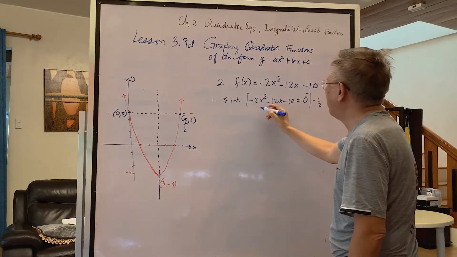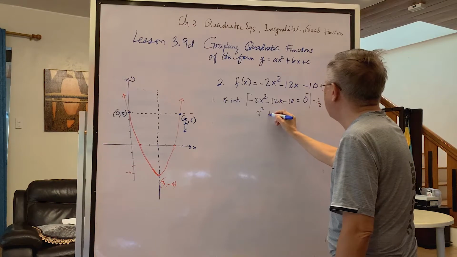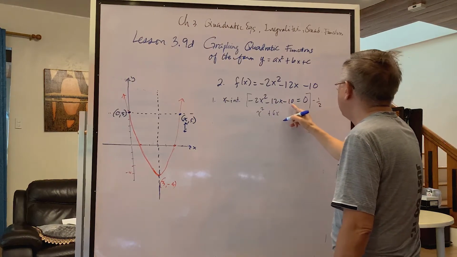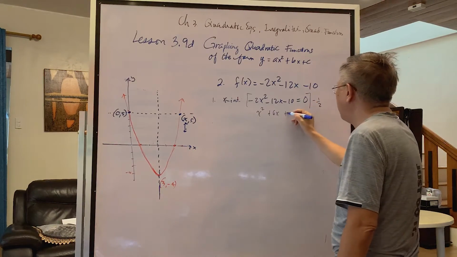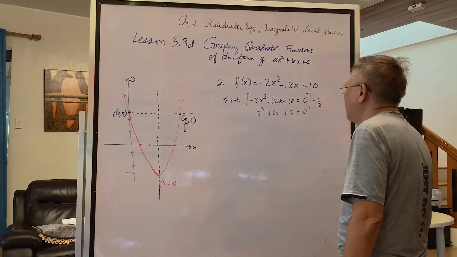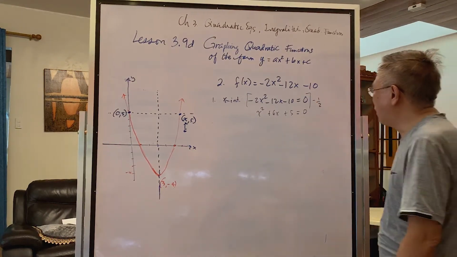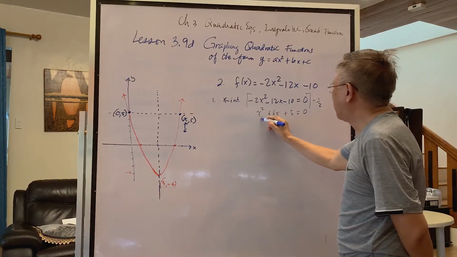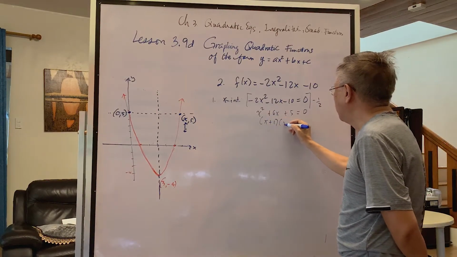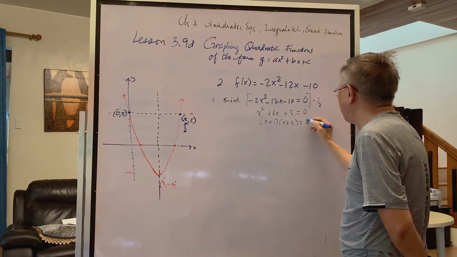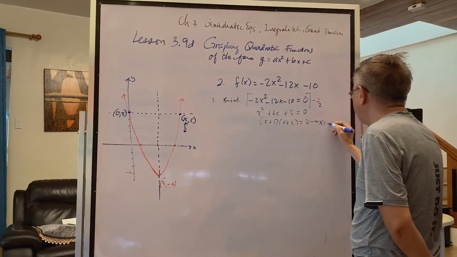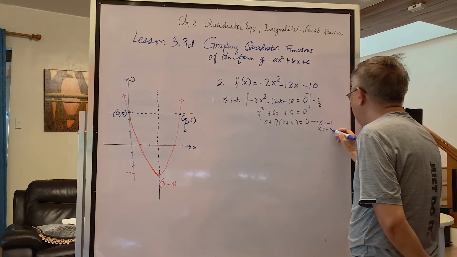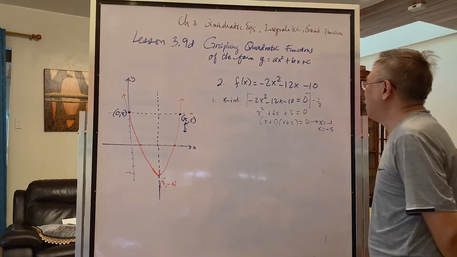This will give me x squared plus 6x plus 5 equals 0. Is this factorable? Yes, this will be (x plus 1) times (x plus 5) equals 0. And my x-intercepts would be x equals negative 1 and x equals negative 5.